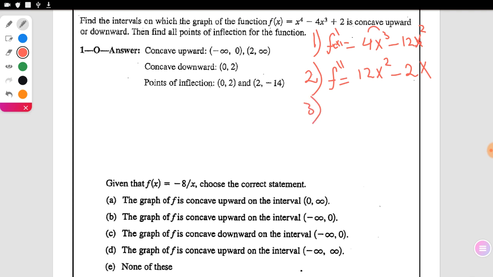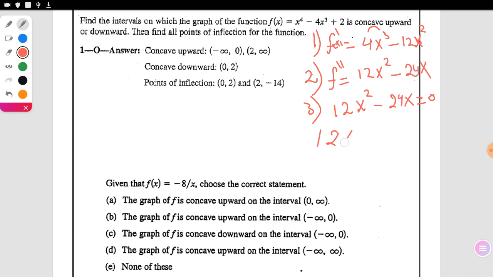Third step, I have to find the values of x at which the second derivative equals 0. At this value of x we may have an inflection point, maybe not, because another condition is that the concavity changes.